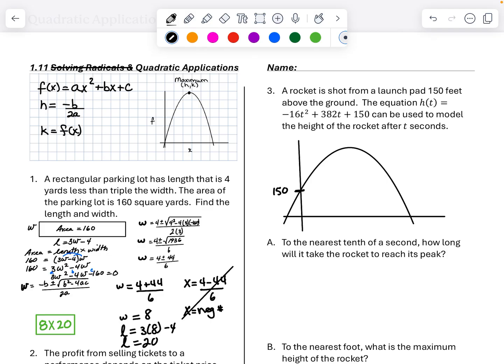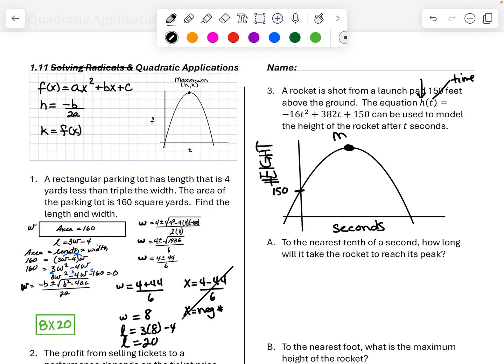So this is seconds, and this is the height, because this stands for height and this stands for time, and time is where the x should be. Okay? So, to the nearest tenth of a second, how long will it take the rocket to reach its peak?